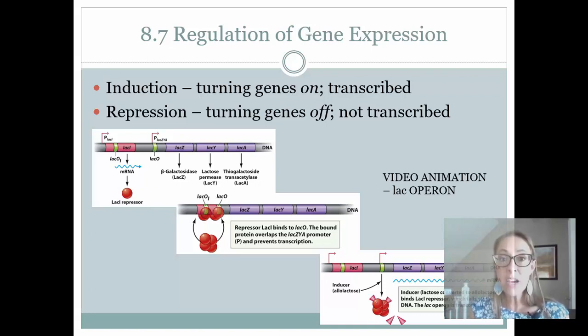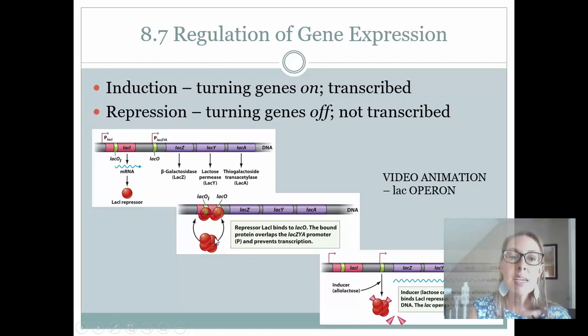If lactose is available, you want to induce those genes, turn them on, make the enzymes to break down lactose, and use it. If lactose is not available, what do you want to do? Well, if you're a cell, to save energy, you want to repress those genes. So with this operon, all of those genes are controlled by that one promoter.